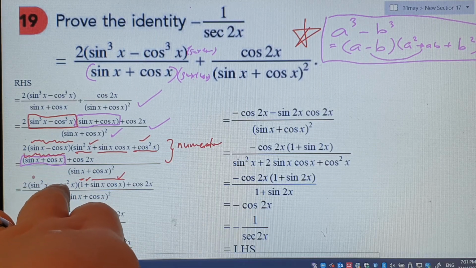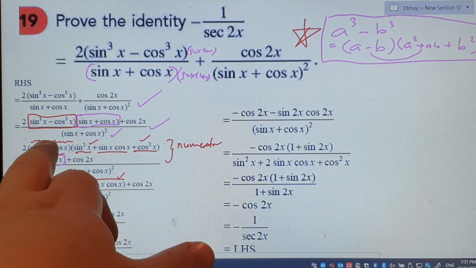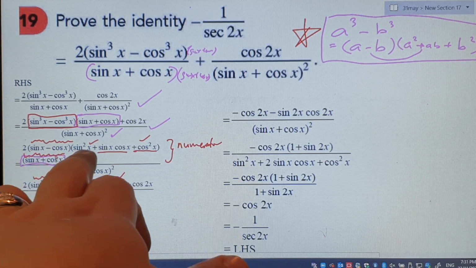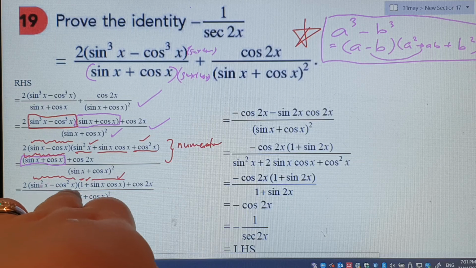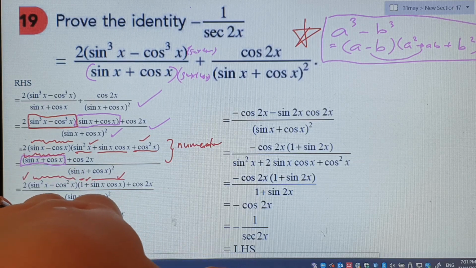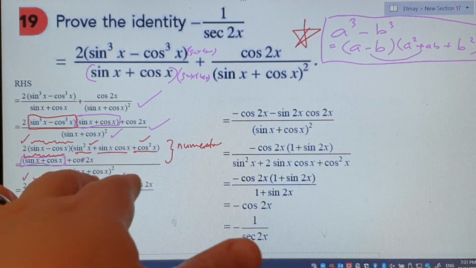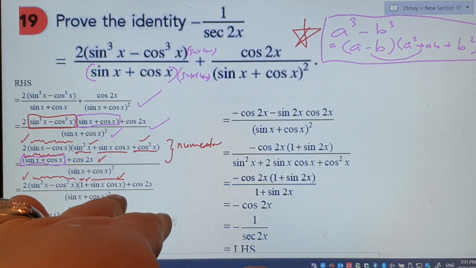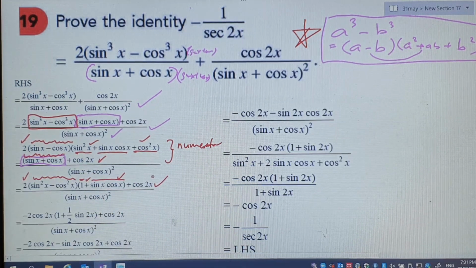So this whole thing, this times this, because this whole thing is multiplied by this, has become this. And the 2 is just a 2 here. And the cosine 2x, just cosine 2x here. So far so good.